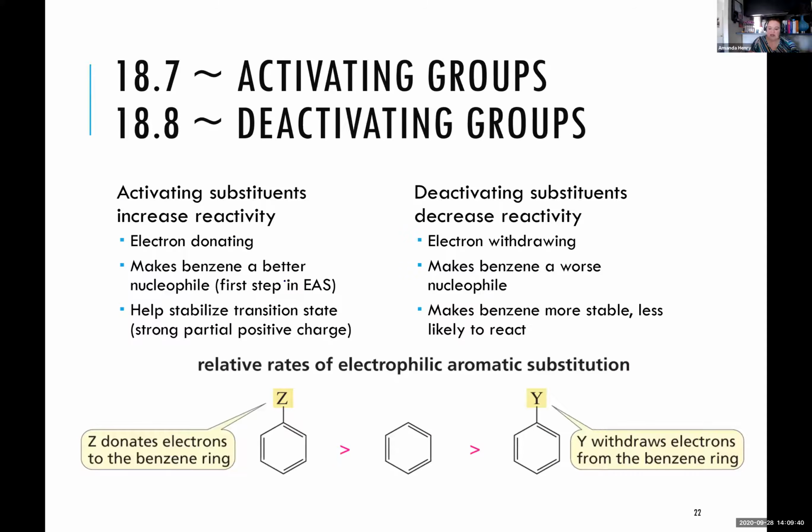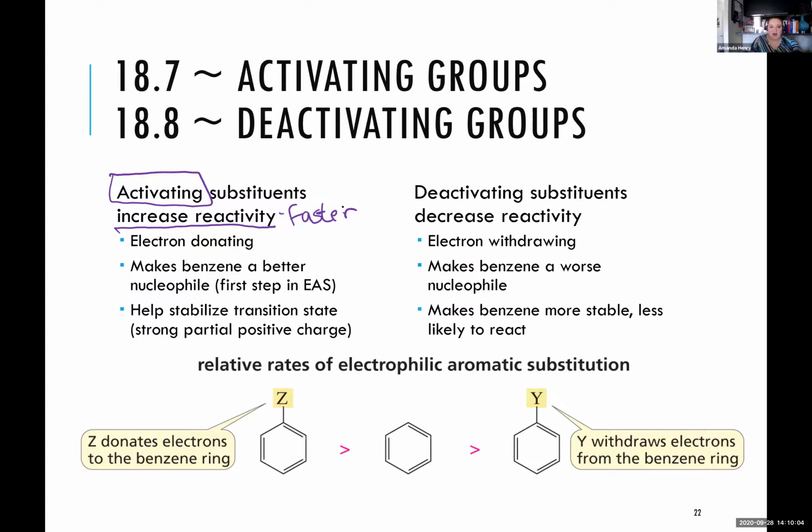This is another kind of general introduction slide, but we're going more into the terms here. So we're dividing it into activating and deactivating. And our activating substituents are going to increase reactivity, or another way to say that is it's just going to make the reaction go faster.